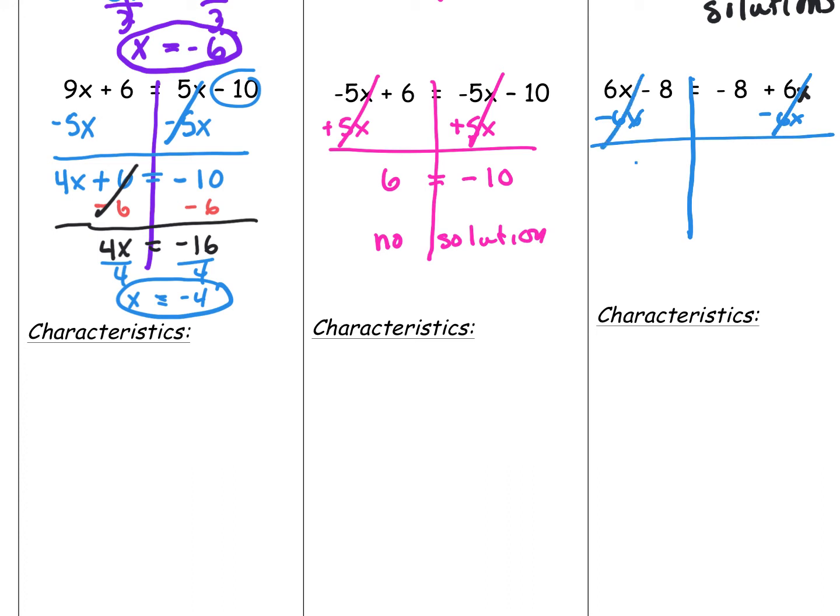And this time I have a -8 as a constant and -8 as a constant on the right side as well. And that's a true statement. -8 does equal -8. So this means that any number can be substituted for x and both sides will remain equal. And so they sometimes refer to that as infinitely many solutions.